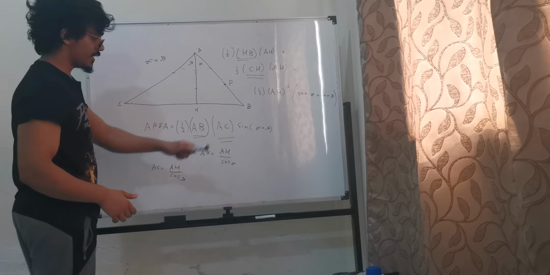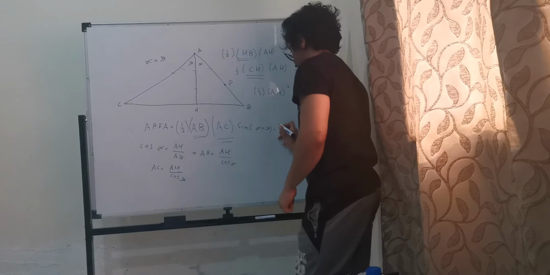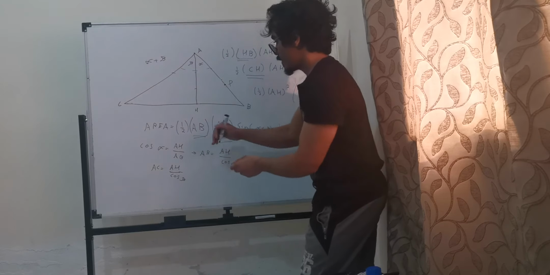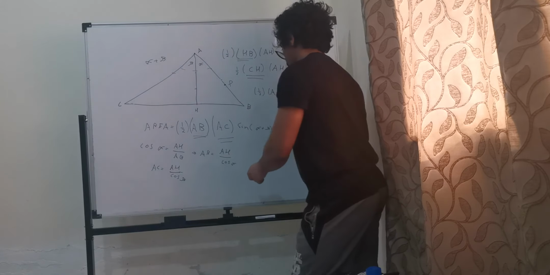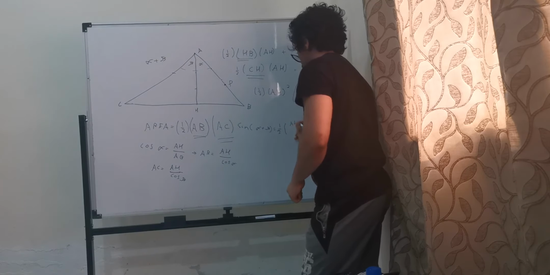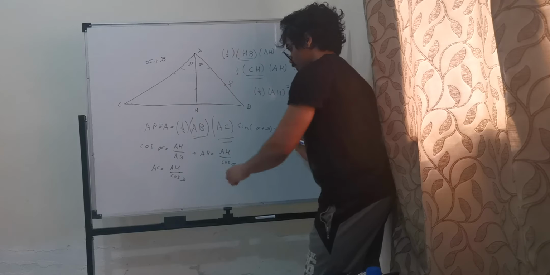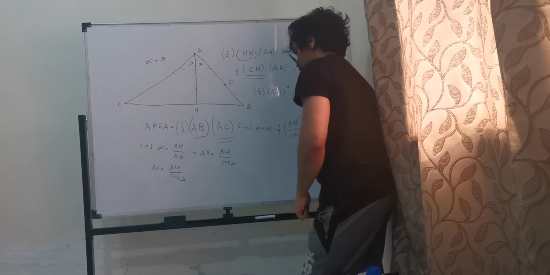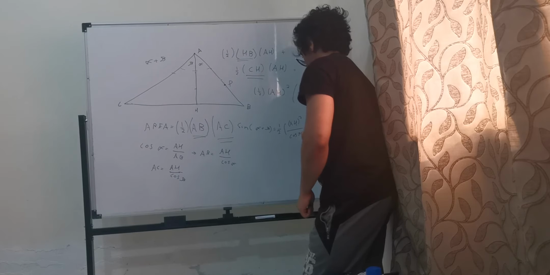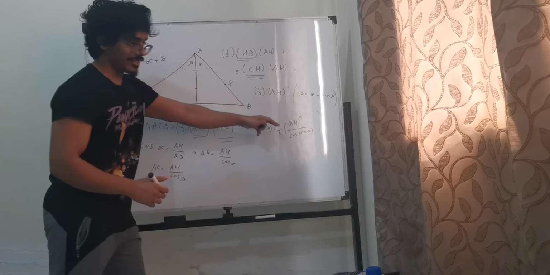Putting everything in the expression here, this will be equal to half AB, which is AH divided by cosine of alpha, and since there are two AH, this will be AH squared divided by cosine of beta cosine of alpha, times sine of alpha plus beta.